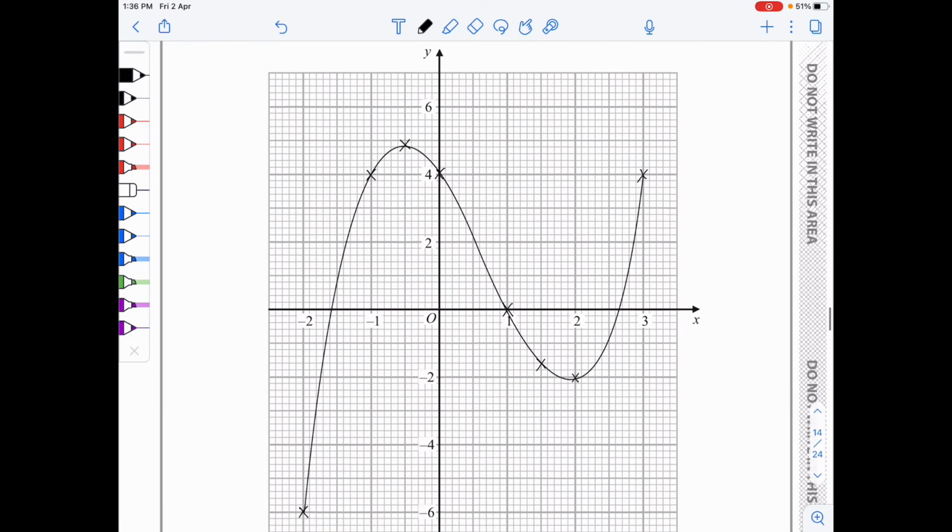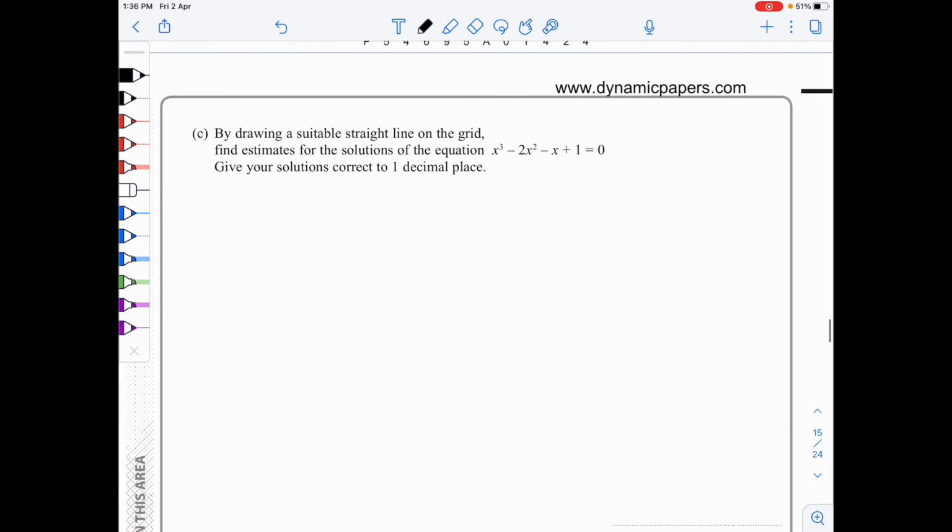We've drawn the graph, and by drawing a suitable straight line on the grid, we need to find estimates for the solutions of the equation x cubed minus 2x squared minus x plus 1 is 0. So we are not allowed to use algebra here, but what we have to do is use the existing graph. So we need to solve x cubed minus 2x squared minus x plus 1 is 0. And somehow we need to make use of the graph drawn, which has equation x cubed minus 2x squared minus 3x plus 4.